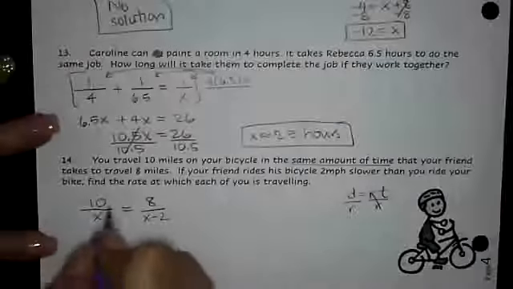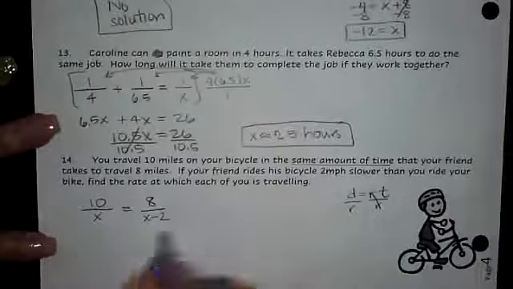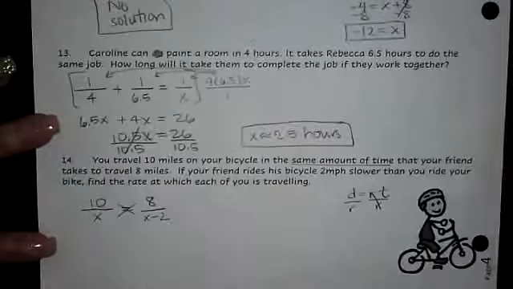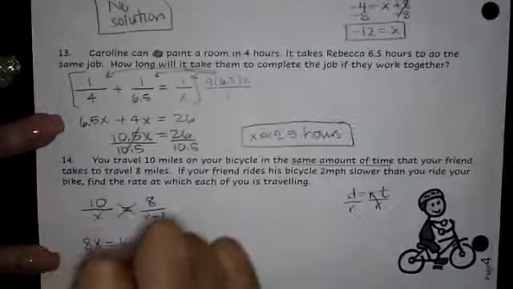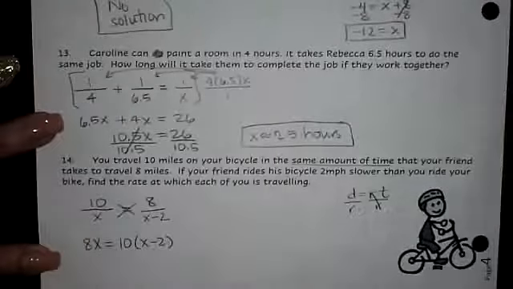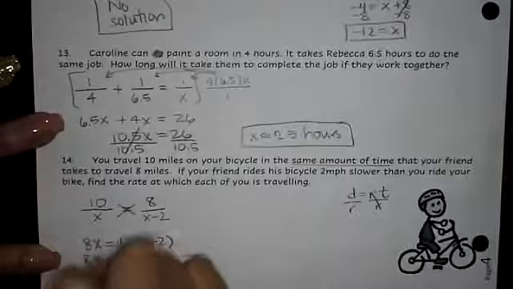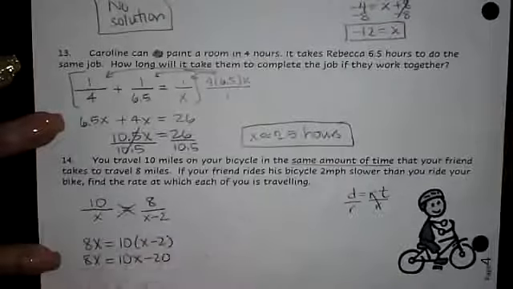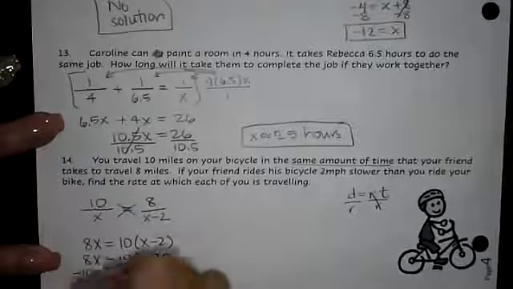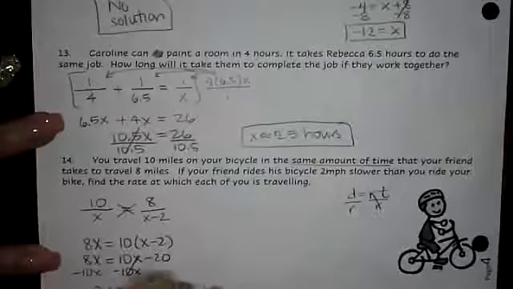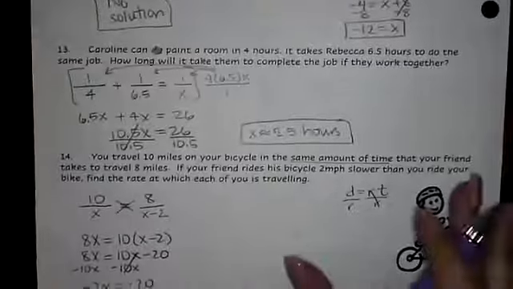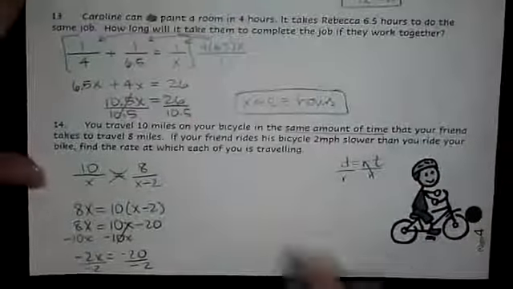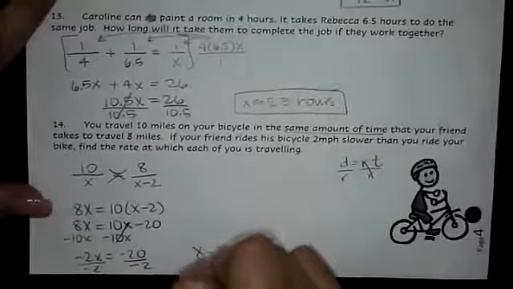So here is 1 fraction is equal to 1 fraction. So the easiest way to solve this one, cross multiply. So we get 8x is equal to 10 times x minus 2. We distribute. I subtract the 10x to get it to the other side. We divide by -2. And so x is equal to 10.